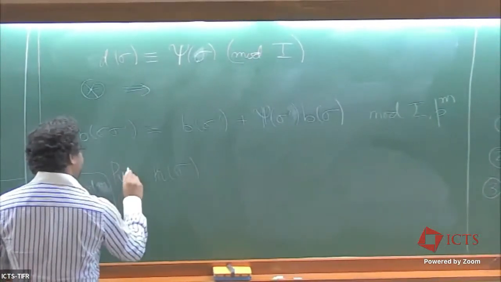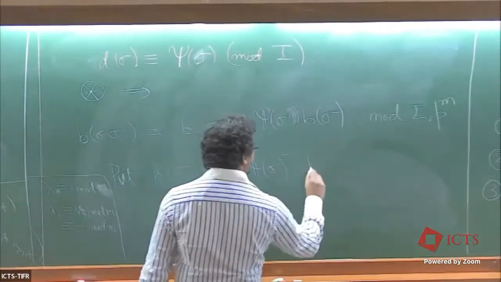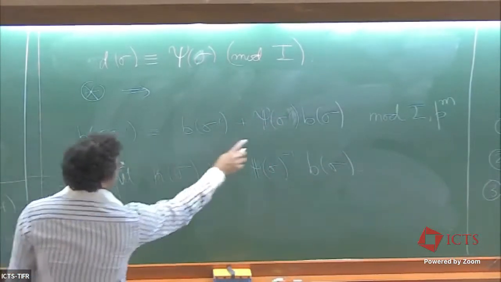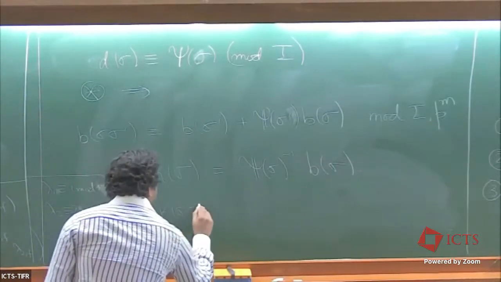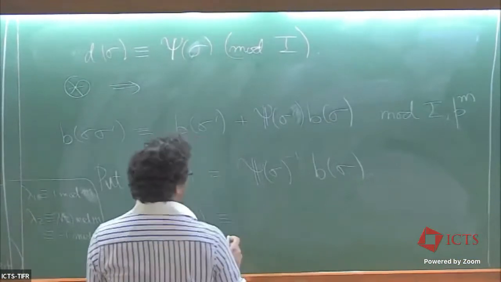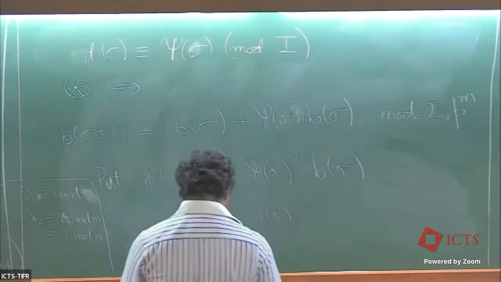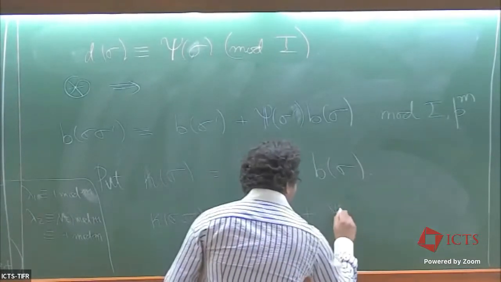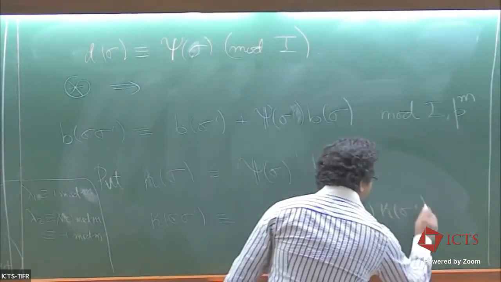So now you put kappa of sigma to be psi of sigma inverse B sigma, and then using this, you see that kappa of sigma sigma prime is congruent to kappa of whatever the cocycle relation should say, psi inverse of sigma kappa of sigma prime.